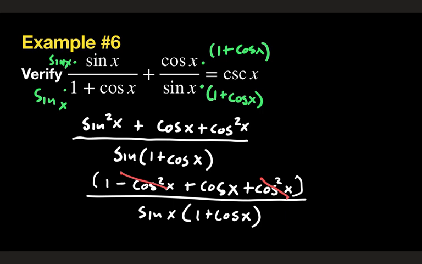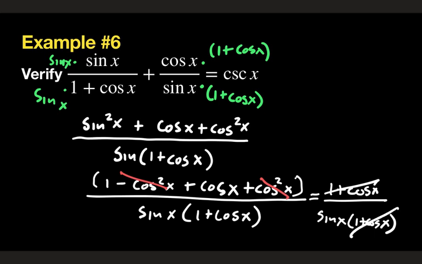Now, we're left with only cosine x times 1 plus cosine x over sine x times 1 plus cosine x. This cancels, and you're left with, and I'm going to put it up here, 1 over sine x, and that's equal to cosecant.